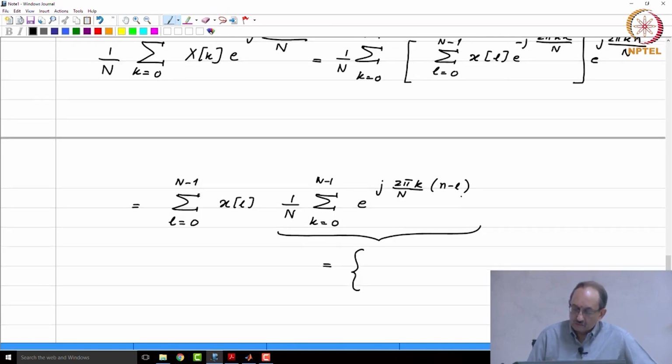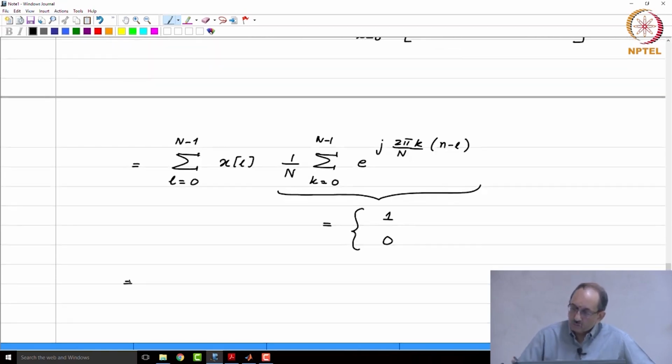When L equals n, what will be this summation? Remember you also have to have this 1 over n factor. So, this will be 1. When L is not equal to n, it will be 0.